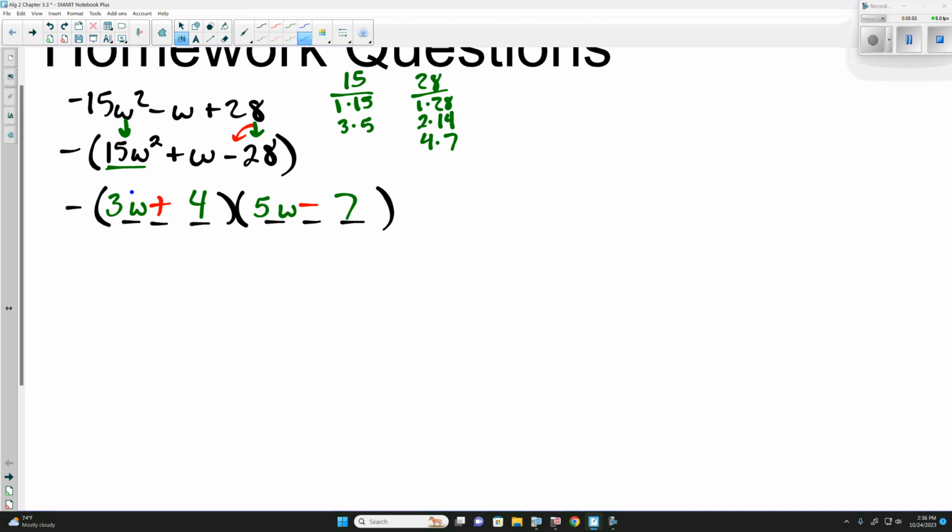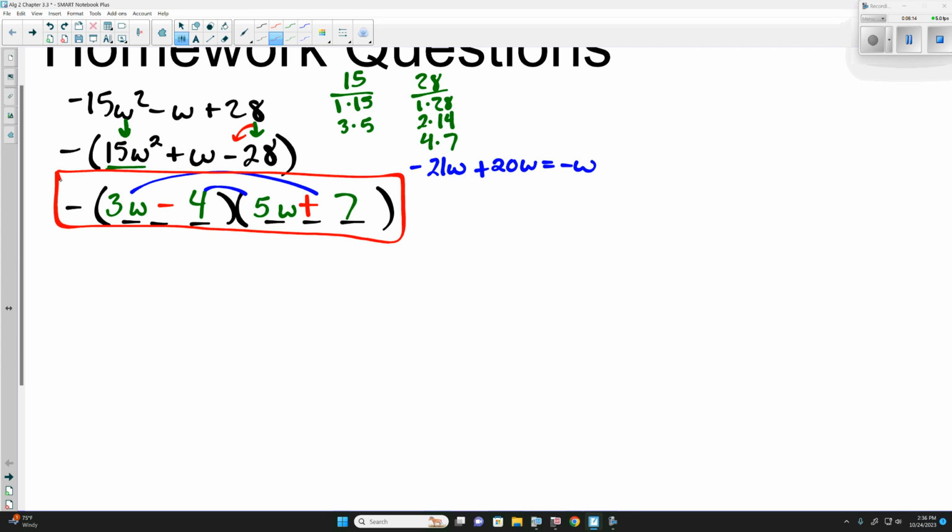We can check it. 3w times negative 7 is negative 21w. 4 times 5w is plus 20w, which gives us negative 1w. So we can change the signs, which would give us the correct answer.